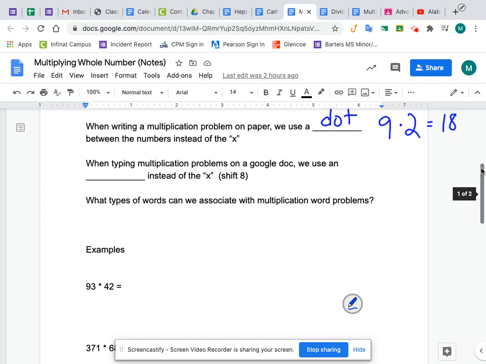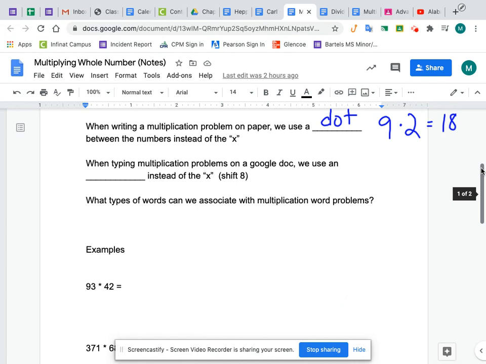Using that dot instead of the x is important because as we progress through 6th grade math and get into algebra, the x will often represent a variable, and that's going to be an issue if you use that or think of it as multiplication.